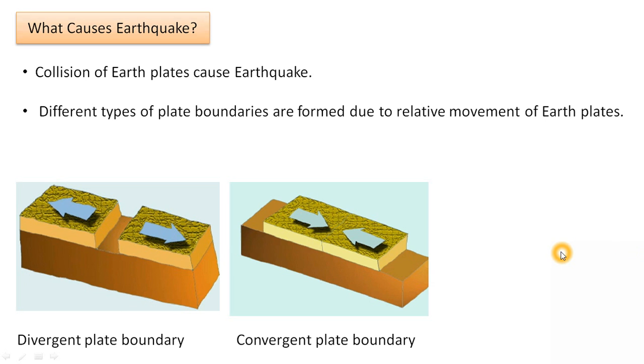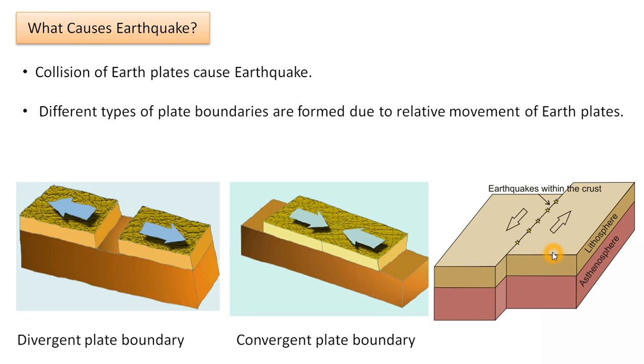Now the third type of plate boundary is the transform boundary. What happens in a transform boundary is the plates neither come close nor go away from each other, they just slide past each other. Their boundaries just try to strike against each other.